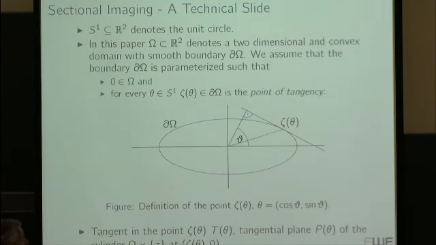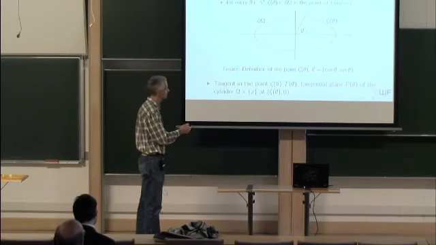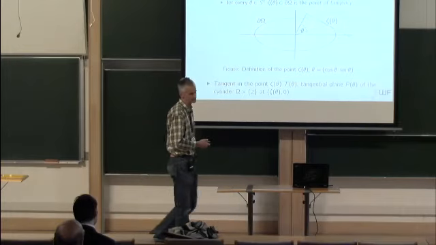So this is something which we keep in mind. If it's a sphere, then it's simple. Then this tangent point is just associated with the normal vector. It's the same as cosine theta, sine theta. So if you forget about the general geometries, you just identify this function c of theta with this angle theta.